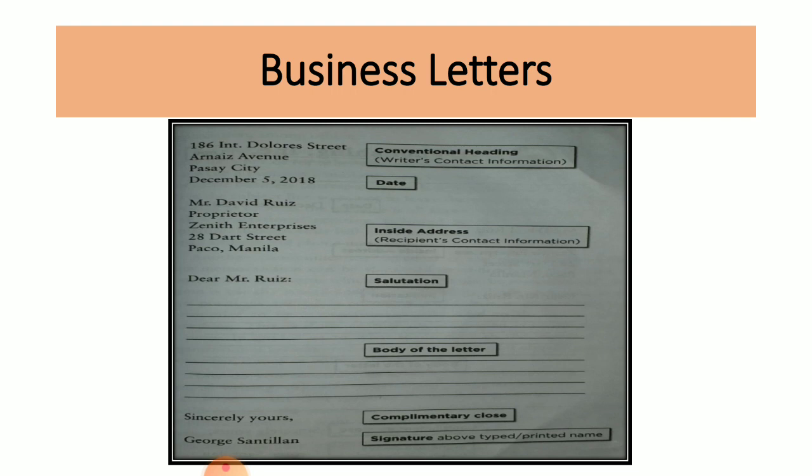After the inside address, we have the salutation, which is Dear Mr. Ruiz. Then after the salutation, we have the body of the letter, after which we have the complimentary close, which is Sincerely Yours. And lastly, we have the signature. The signature can be above the typed or printed name.